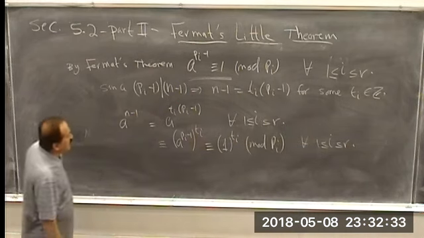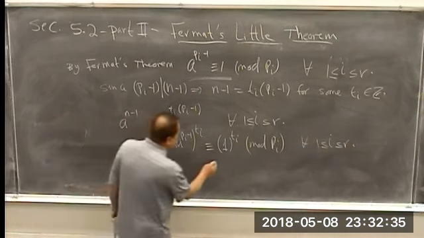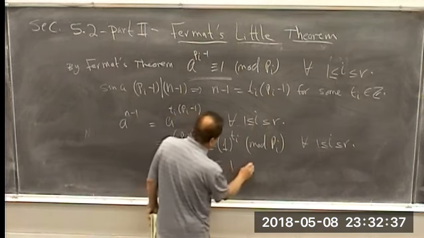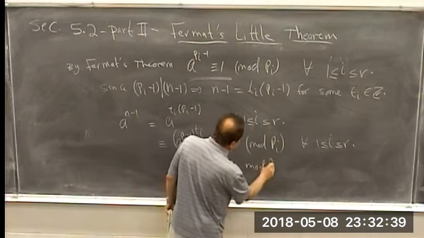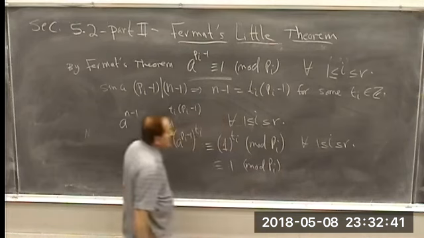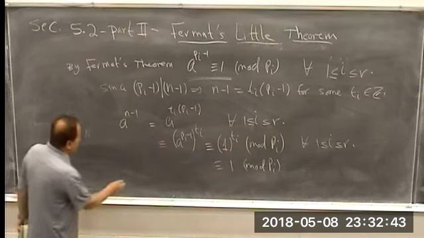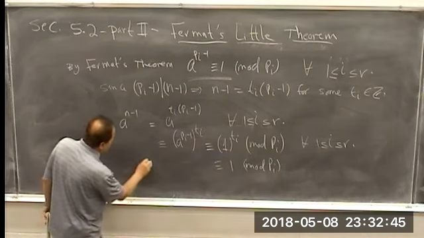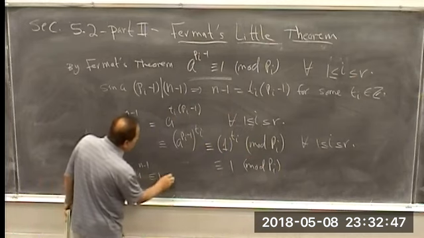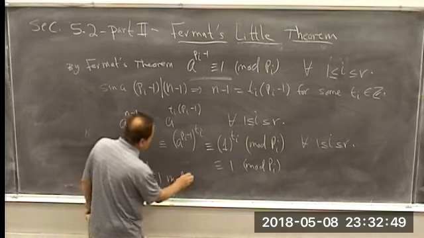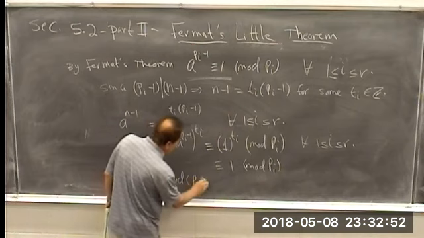Then since each one of them is congruent to 1, A to the N minus 1 is congruent to 1 mod their product. We use this idea many times today.